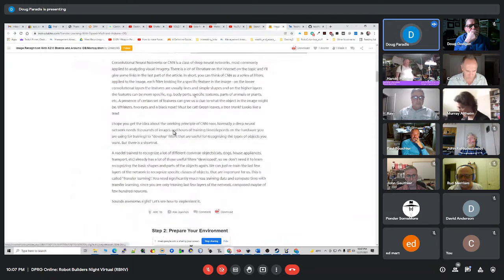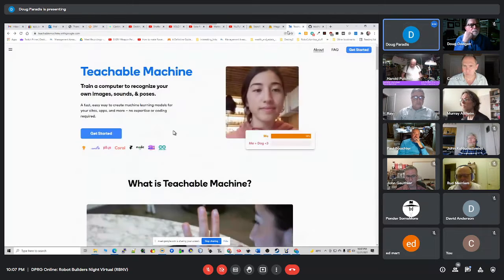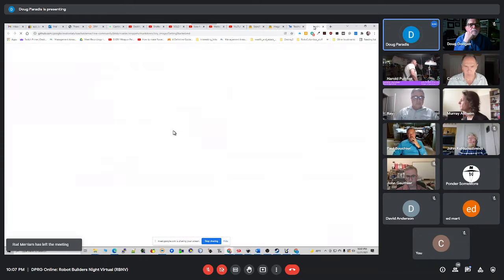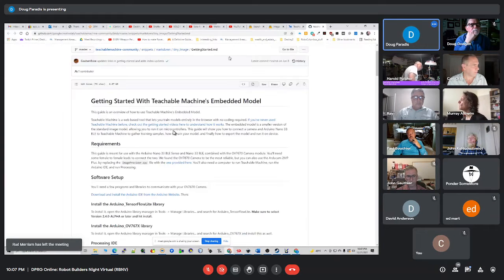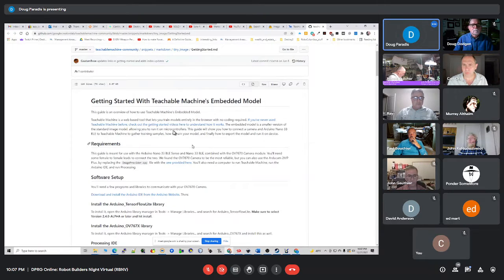He's talking about it, and this is what they have. Two models. They have an embedded model, and then they have what they call their normal model, which would be like something that you would run on a Raspberry Pi.